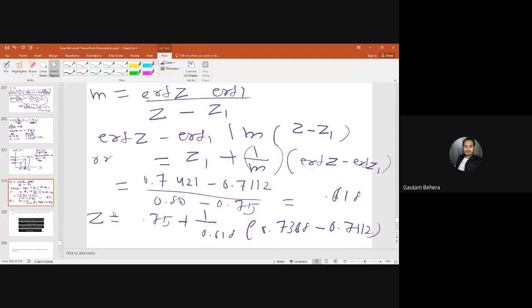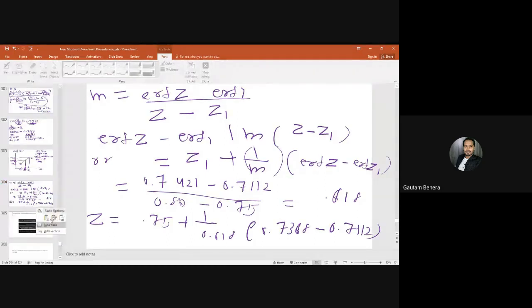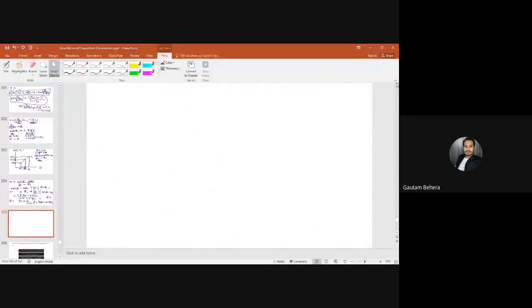So finally, this will become, from that you will get Z is equal to 0.79.